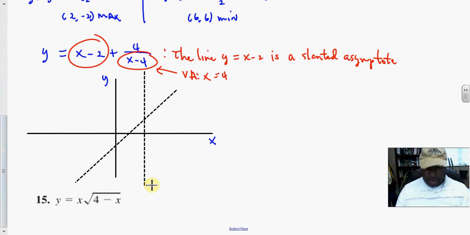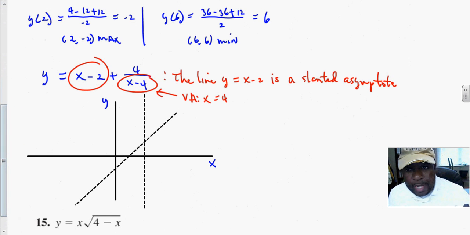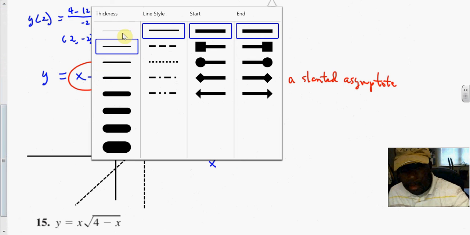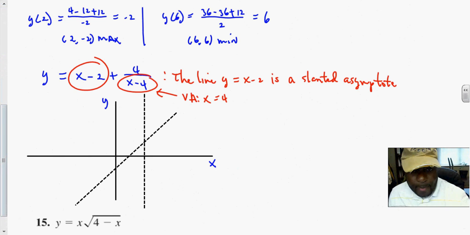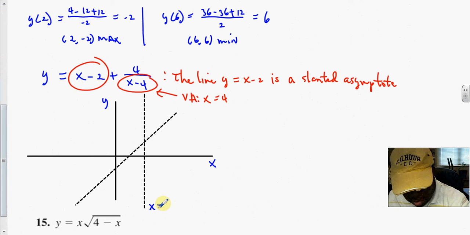Okay. So now I know that we have a maximum at 2 comma negative 2. It's probably helpful to label. This is x equal to 4.